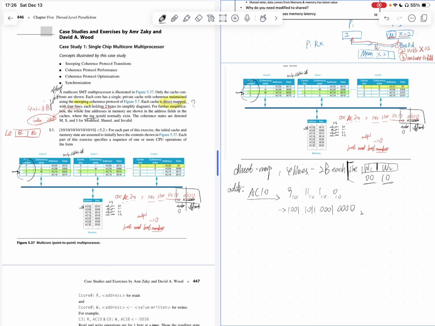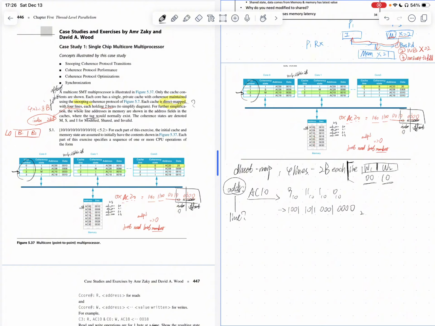Yeah. So I want to say, what does the address mean, right? How can we know which line the address maps to?